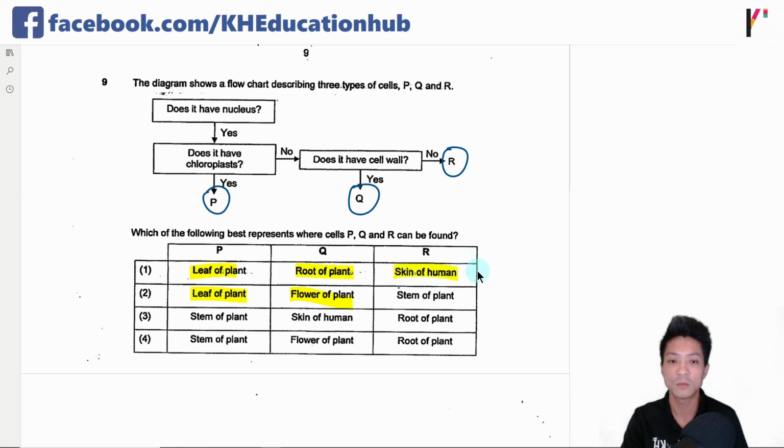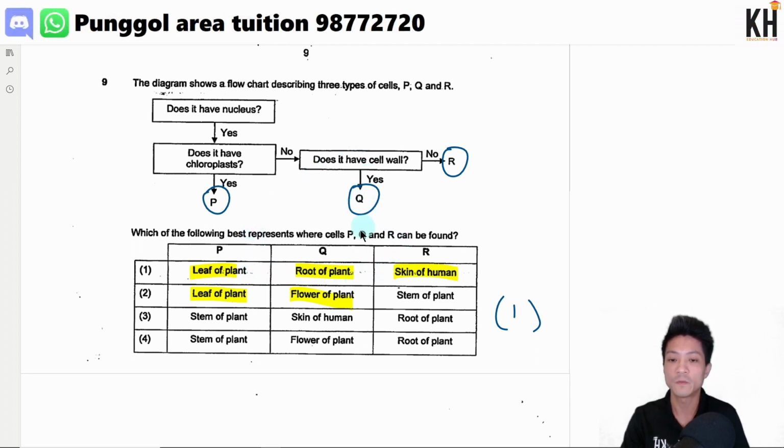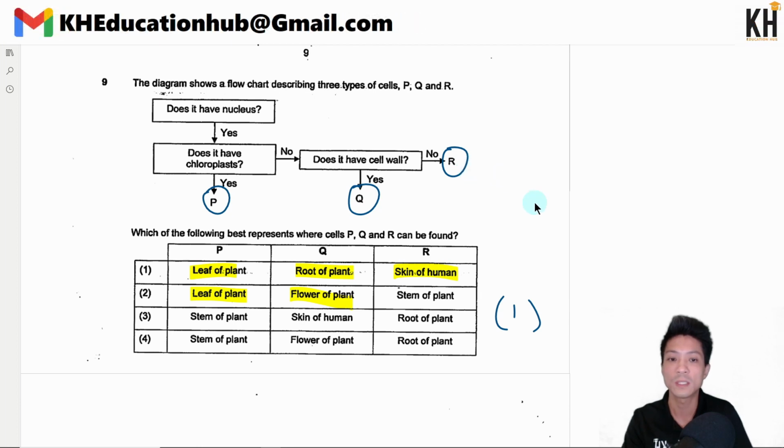No cell wall will be skin, and okay, we have the answer, which is option number 1. Just double confirm. No chloroplast, cell wall, yep, and then no chloroplast and no cell wall, human skin.